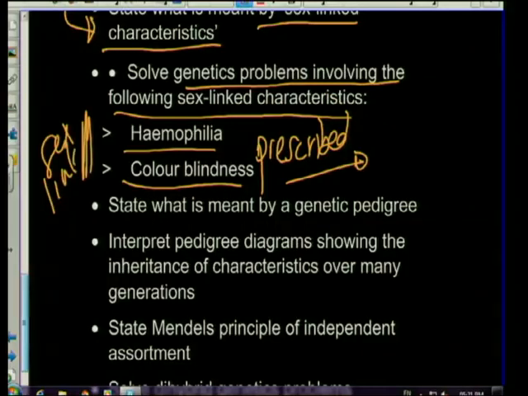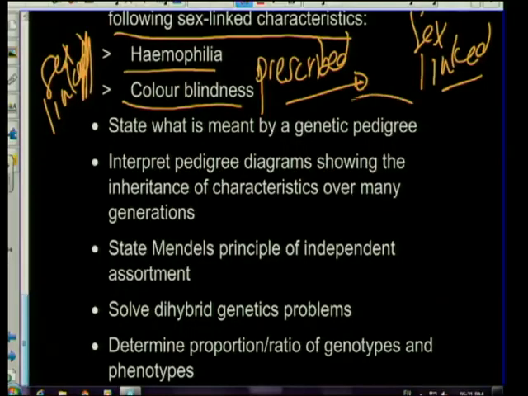So in other words, for these two, you need to know that this is sex-linked. If the examiner chooses to test you on another sex-linked disease or sex-linked disorder, they would have to tell you that it is sex-linked. But the way you work out the problem will still be the same.